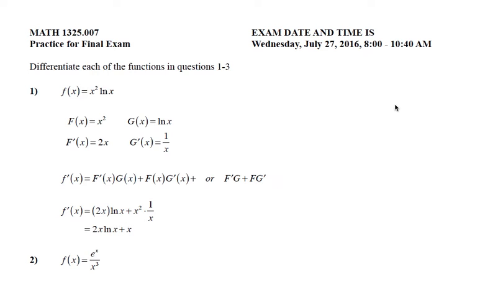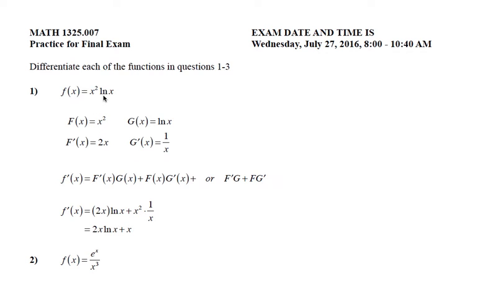And the first step is to decide what the first factor is in the product and the second factor. In other words, what two functions can we break this down into as a multiplication? Well, the first function is clearly x squared and the second is natural log of x, so that means that we identify the first function as f.